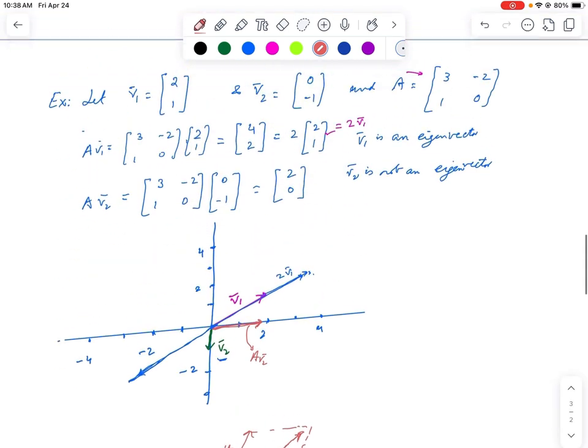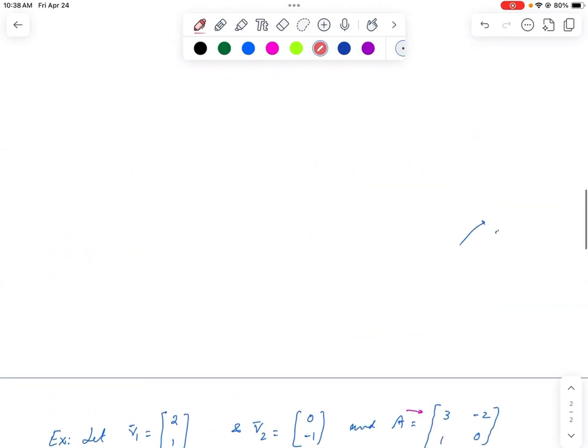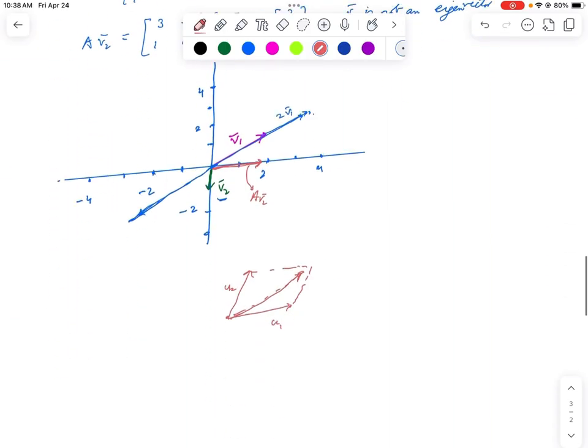And we can show it algebraically. Okay, I think we don't have space there, so I will show you here.